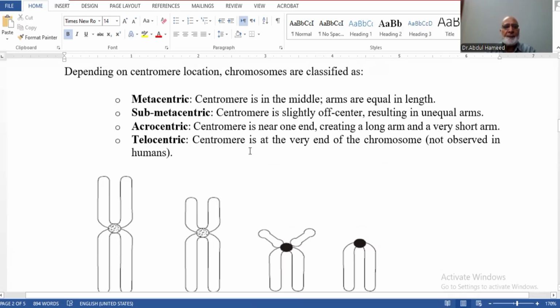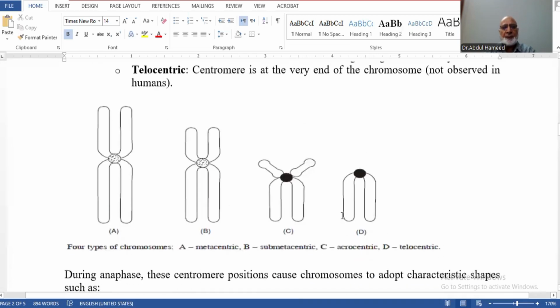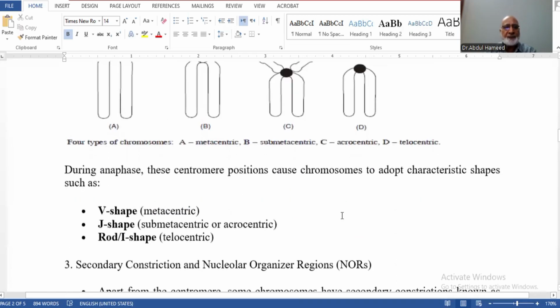It is important to mention that the telocentric chromosome is not present in humans, though it may be present in some other animals and plants. During anaphase, chromosomes have to move to one pole or the other, so they attain different shapes.